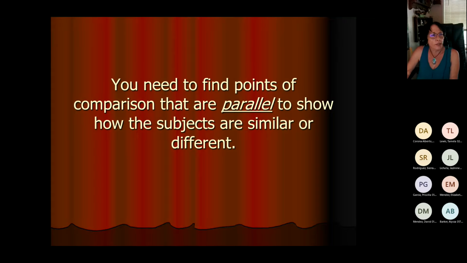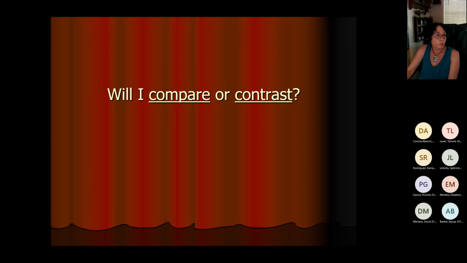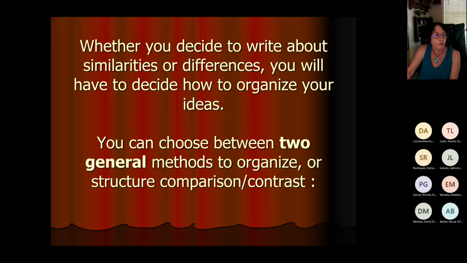So points of comparison, they have to be parallel or they have to be the same for each subject. And we're going to look at an example to talk about that. So you need to decide if you're going to compare or contrast. And that'll depend on your experience, because most of the topics have to do with your personal experience. So it's still going to be a little bit like narrative.